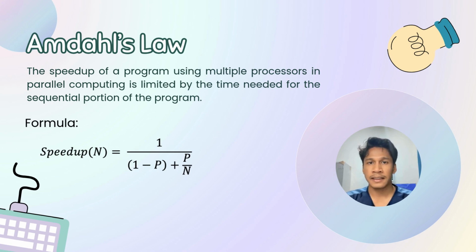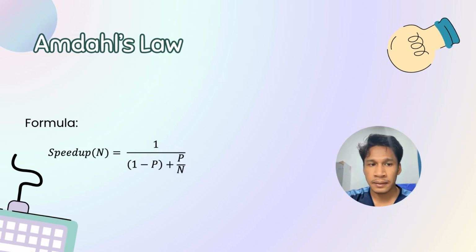So the formula for Amdahl's law is speedup equals 1 over (1 minus p plus p over n). 1 minus p indicates the sequential part of the program, while p is the portion of the program that can be parallelized, and n is the number of processors.